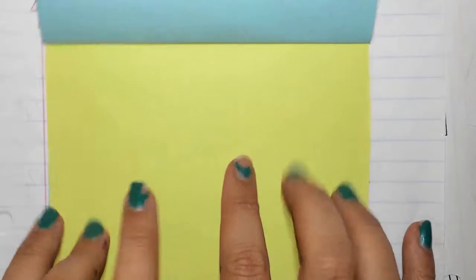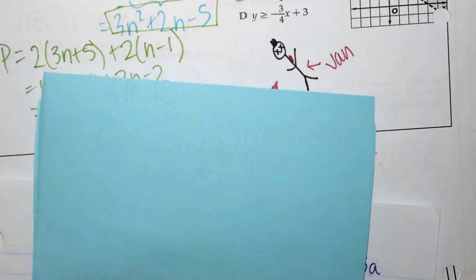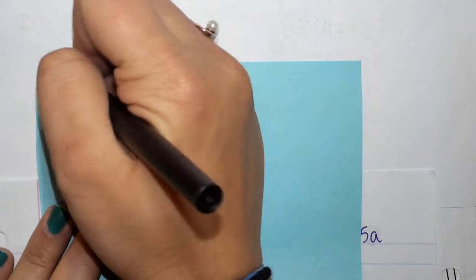So pull your paper down, and we're gonna write up here. Does everybody understand? Okay. So at the top, I want you to write our learning targets.